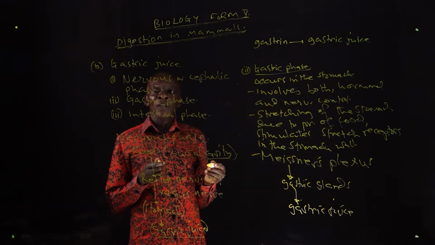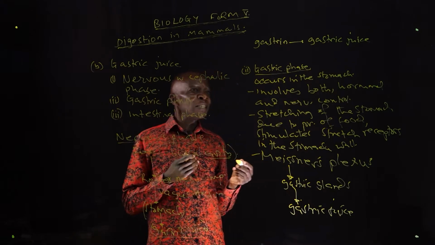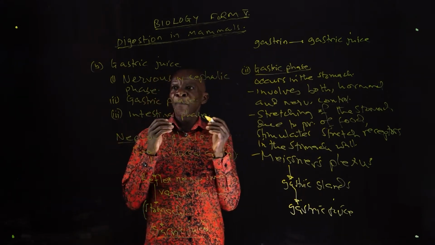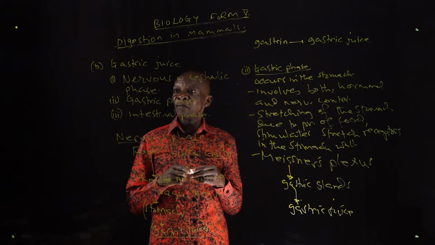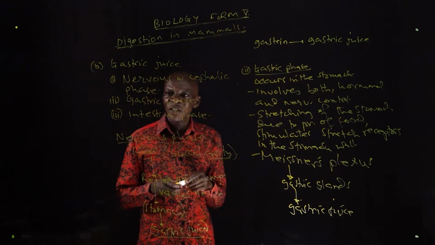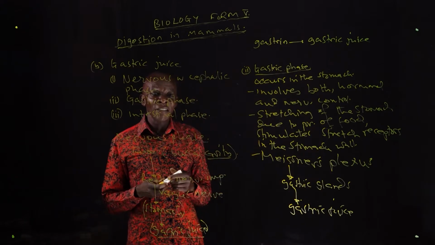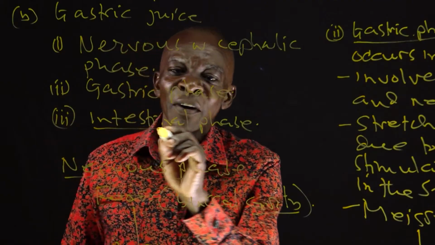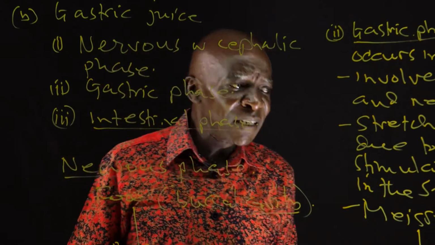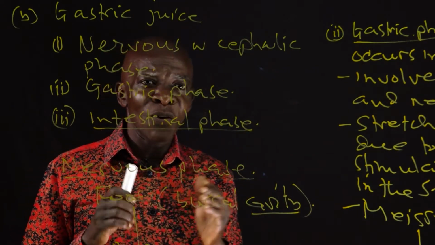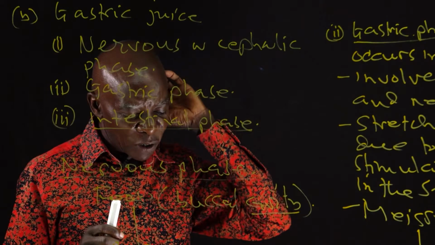Now, that is the second phase of gastric juice release. We have said that we have the nervous or cephalic phase, we have the gastric phase, and then we have the intestinal phase. And the intestinal phase occurs in the small intestines.